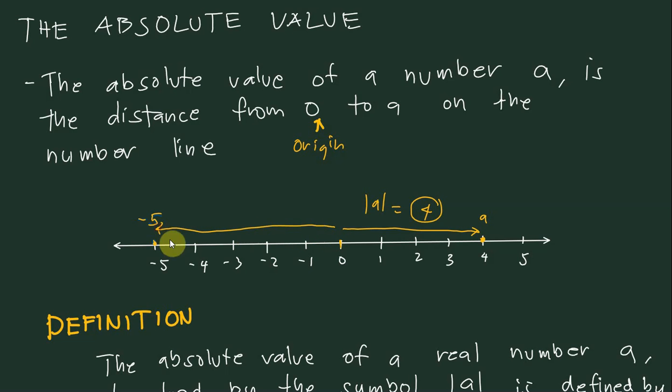We count 1, 2, 3, 4, 5. So it's still 5. It does not care about the sign. All it cares about is the magnitude, which is 5. It's the distance from 0 to 5. So the absolute value of A here is 5.